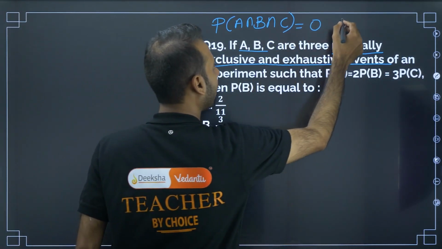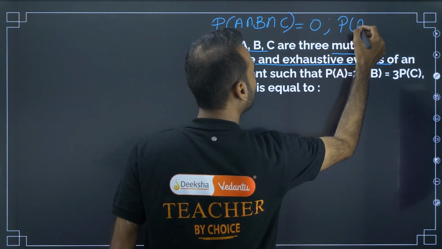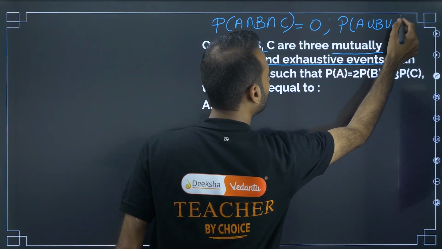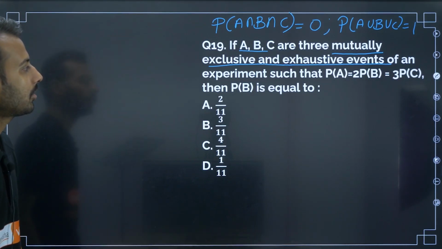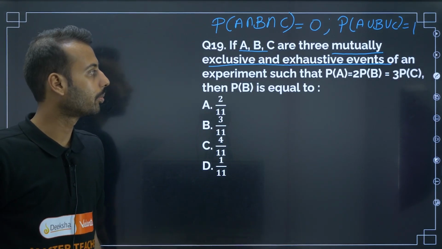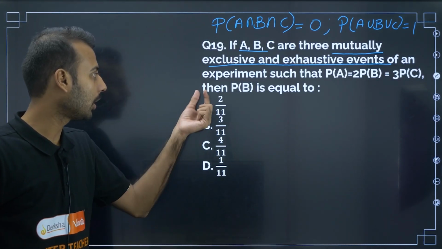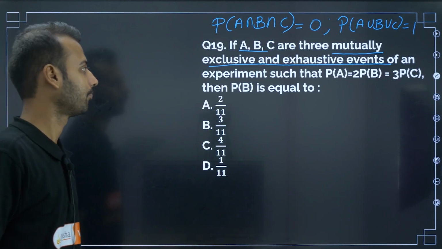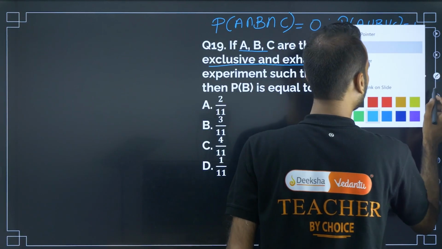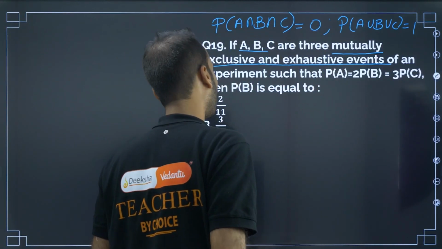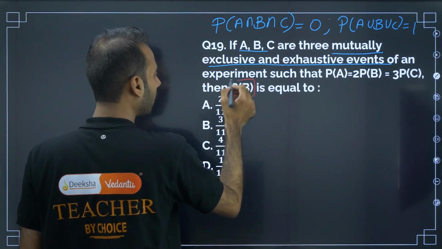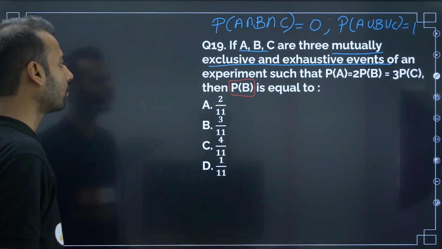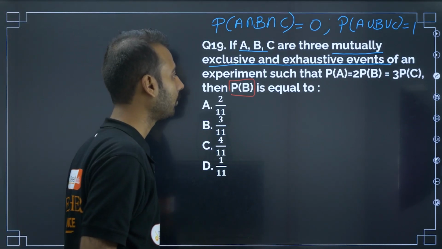Exhaustive means A union B union C is 1, of an experiment, such that P of A is 2 times P of B, P of C is 3 times P of B. Then P of B is equal to what? What is the question? They are asking to find P of B.